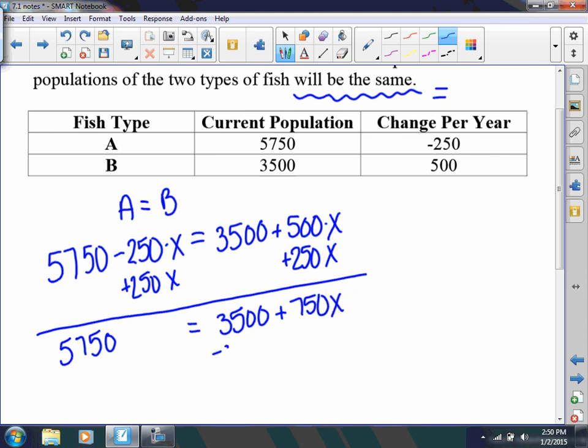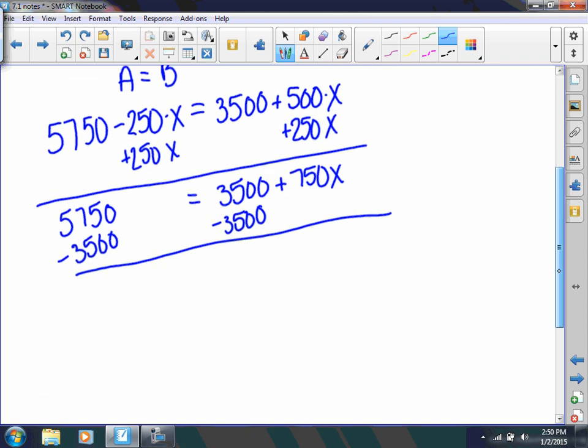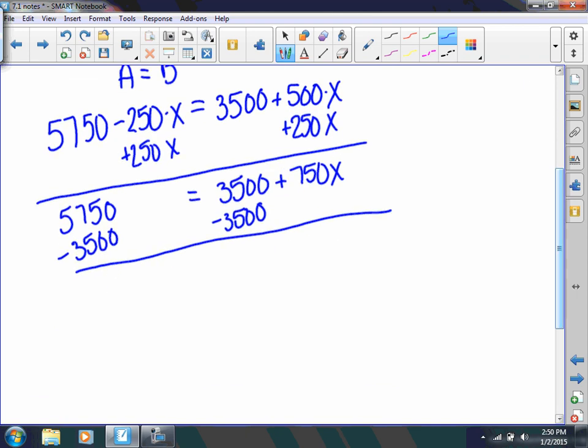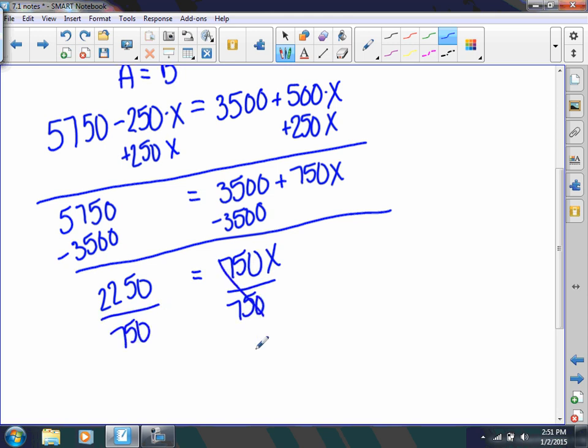So I'm going to subtract the 3,500. So 5750 minus 3,500, that's going to be 2250 equals 750x. And now just finish solving for x, I'm going to divide by 750. So x equals 3. And that would be 3 years.